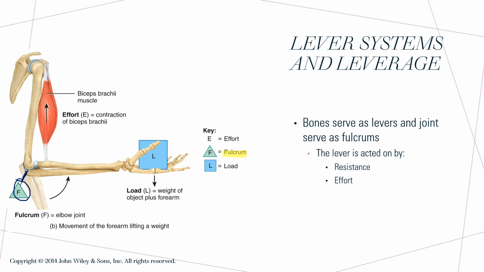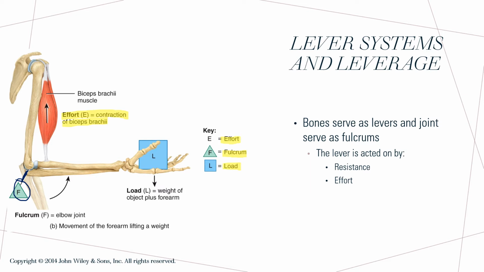So a lever is acted on at two different points by two different forces. We have the effort, which is what actually causes the movement, and then we also have the load or resistance, which opposes the movement. The effort is the force that is exerted in a muscular contraction.